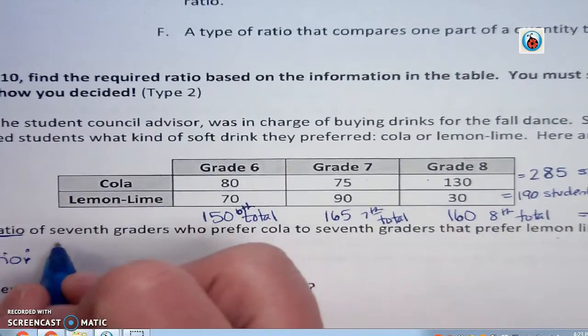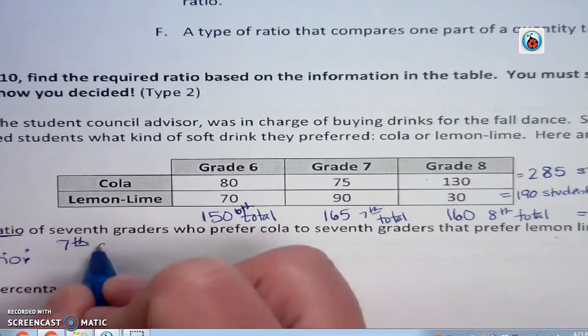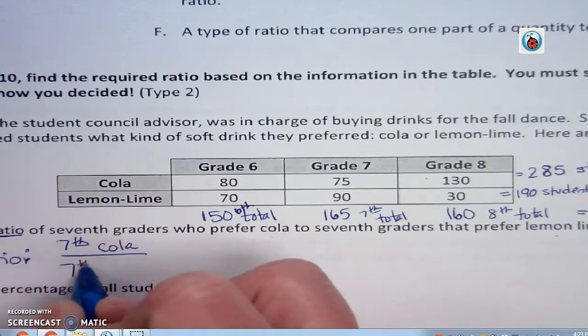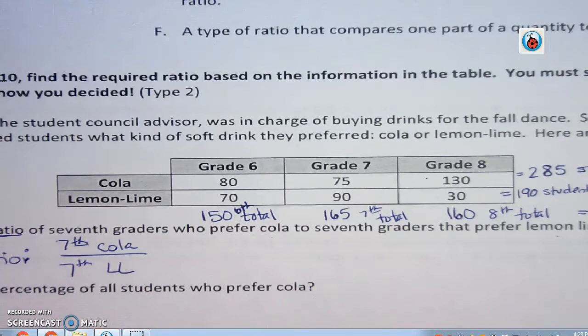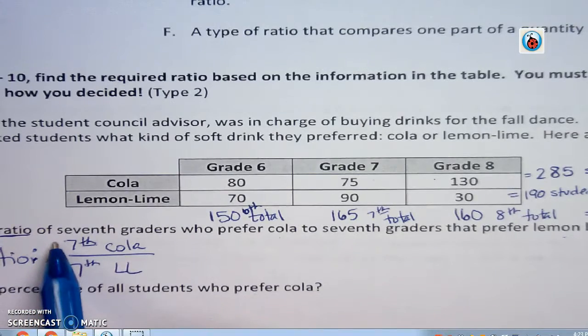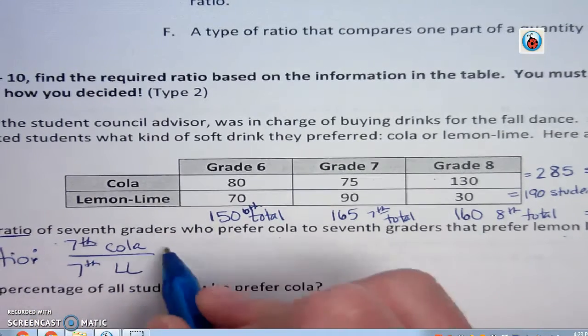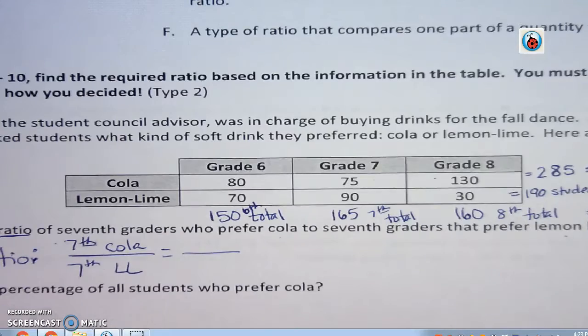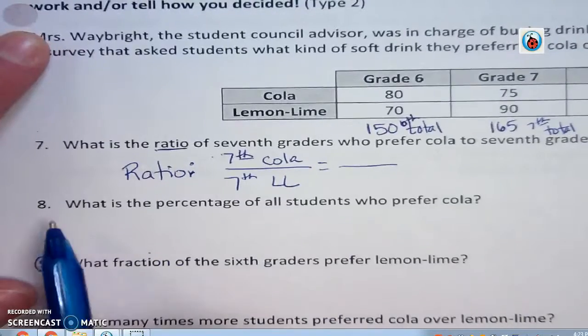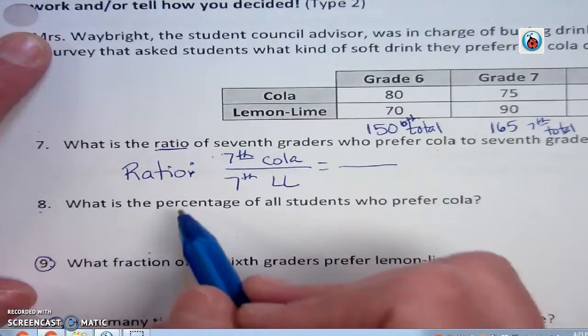So I would write 7th grade cola over 7th grade lemon lime. And if I write the labels, either writing the numbers in front of the labels here or off to the side in another ratio, then I'm more likely to use the correct numbers.